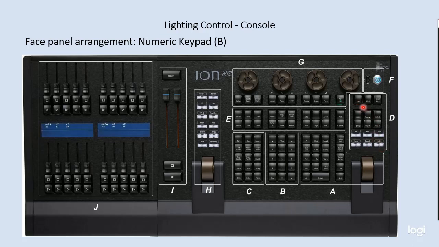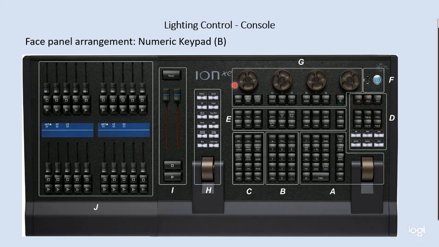It toggles the console between live mode, where any change we make is displayed on stage, and blind mode, which is where we can make changes without displaying them on stage. And we can also navigate around tabs and move up and down lists and move left to right across a list. So the area D is our navigation area.